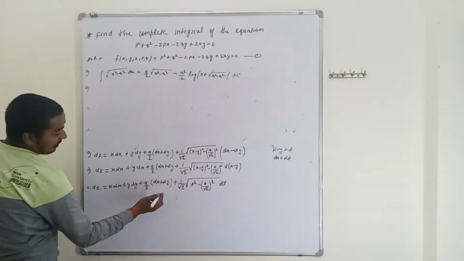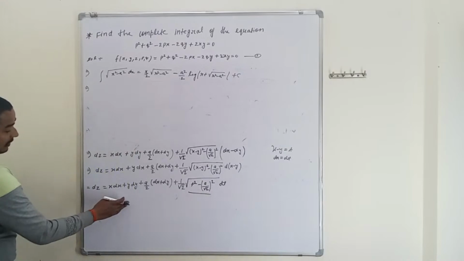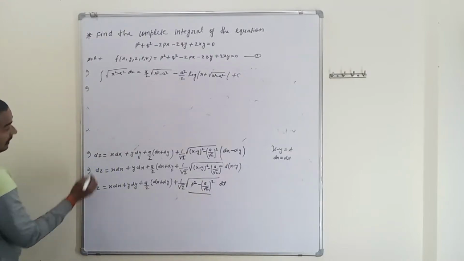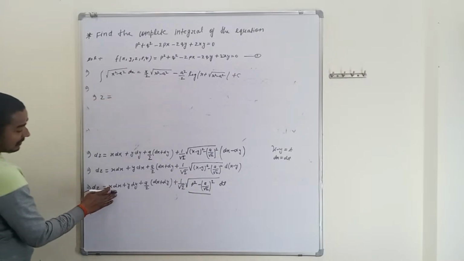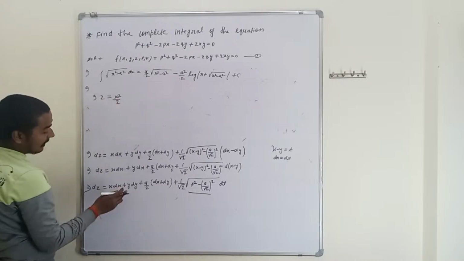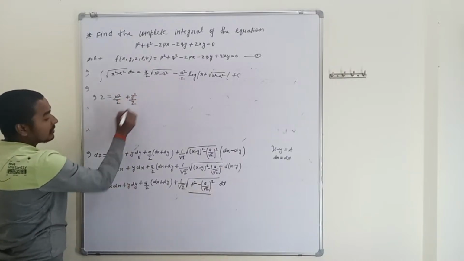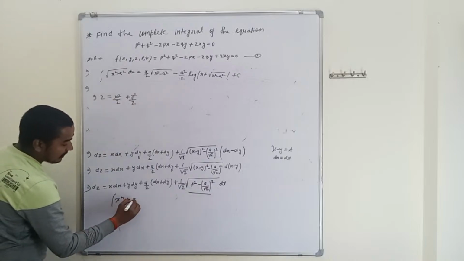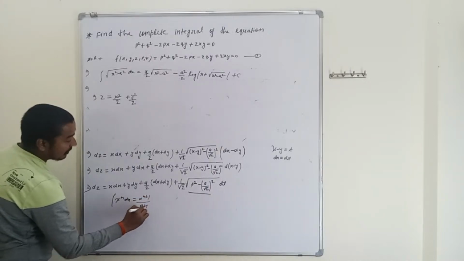We expand the following and integrate both sides. Integrating dz with respect to z gives z. Integrating x dx gives x square by 2, and y dy gives y square by 2, using the formula that integration of x to the n is x to the n plus 1 upon n plus 1.